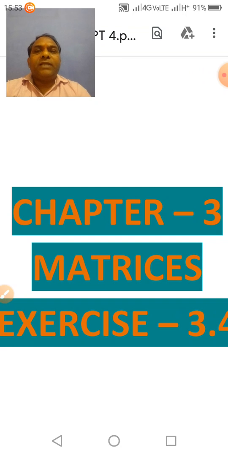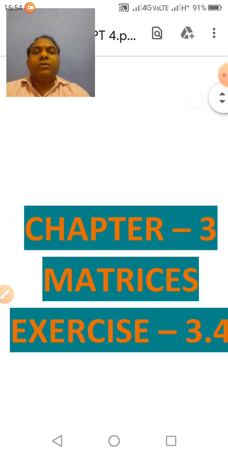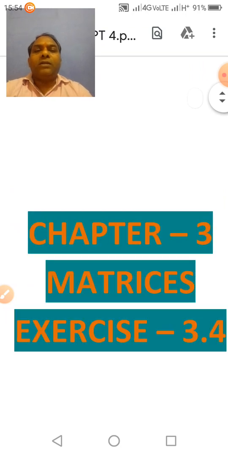In the previous lecture you studied about transpose of a matrix. Now in chapter 3 Matrices, in exercise 3.4 we are going to learn about elementary transformation of a matrix.